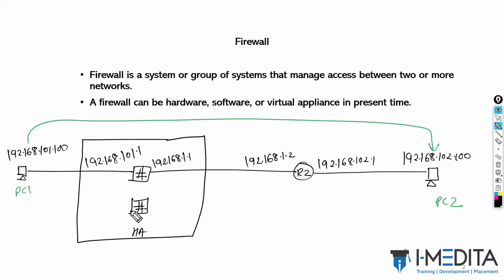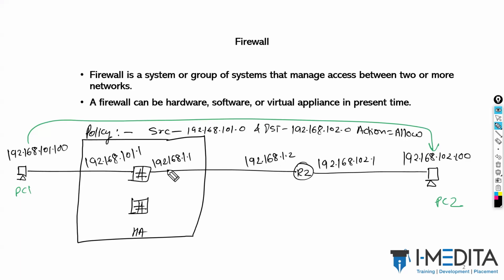Now, at this firewall, what will we define? We will define a policy: if the source network is 192.168.101.0 and the destination network is 192.168.102.0, then the action should be allow.